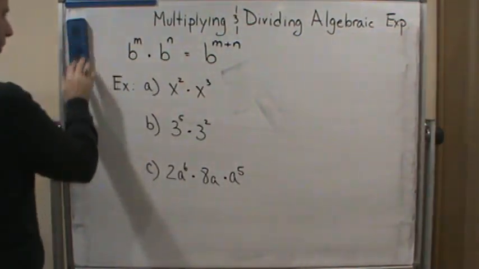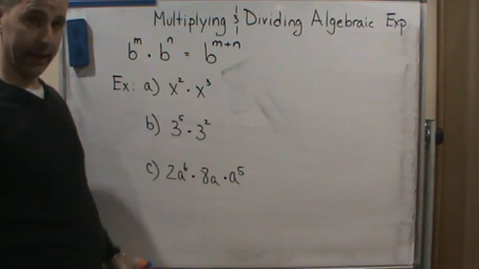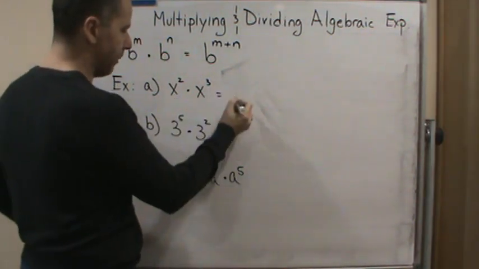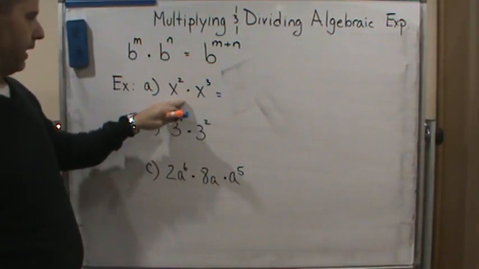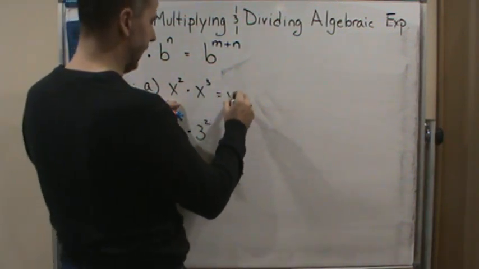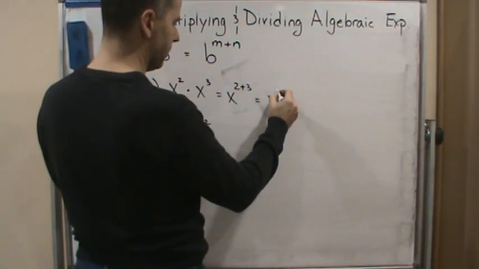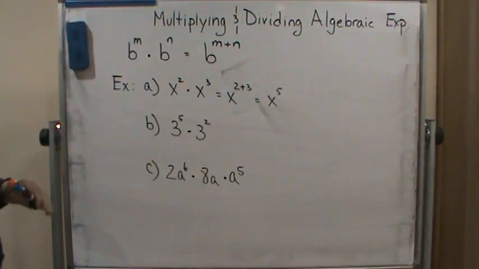Now let's do the examples. Here I've got the same base, x and x. So if I'm evaluating or simplifying this, it's going to be x to the 2 plus 3 power, which equals x to the 5th, and I'm done.